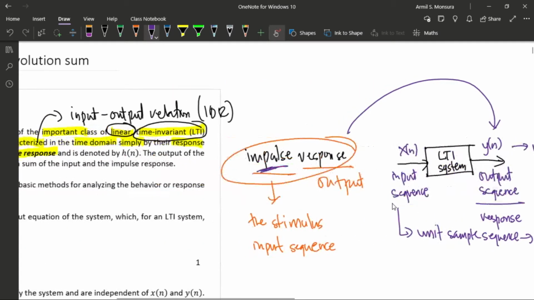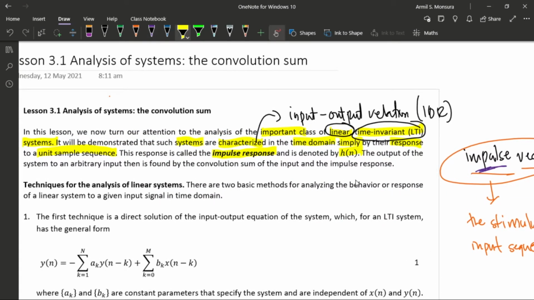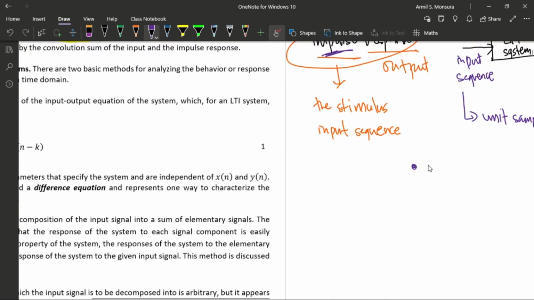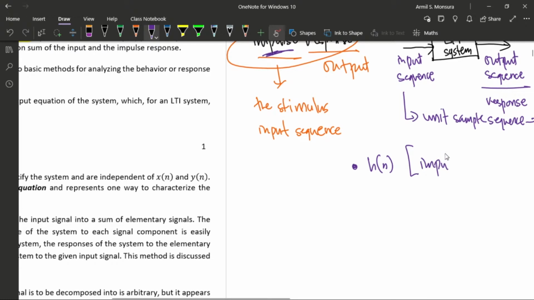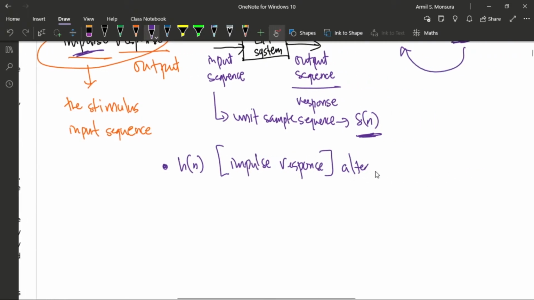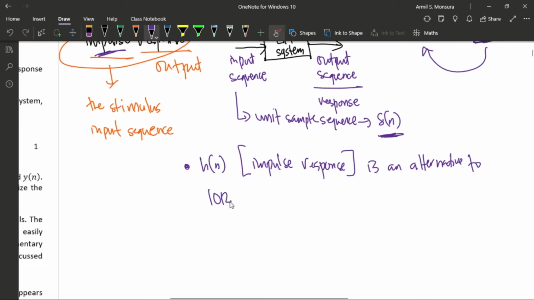Now, what we're trying to point out here is that this impulse sequence, h of n, would be an alternative to the input-output relationship in representing and describing LTI systems, and in particular, LTI systems only.